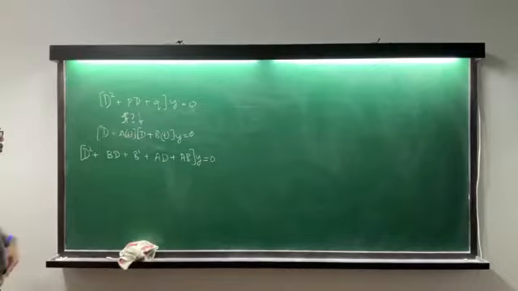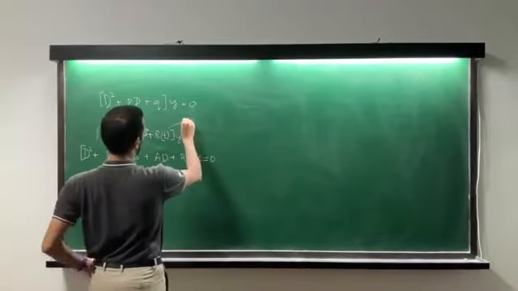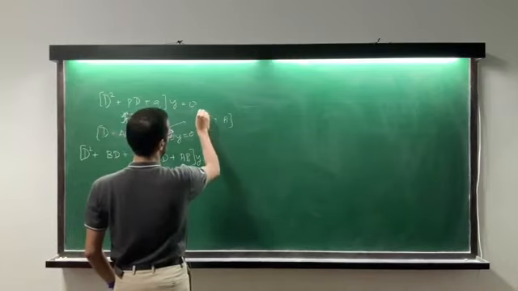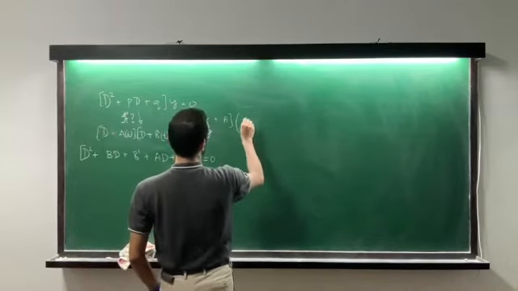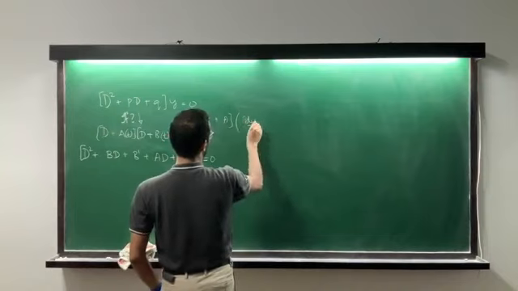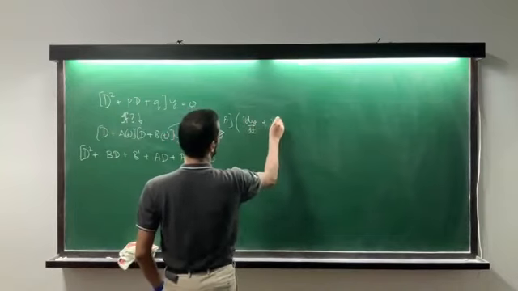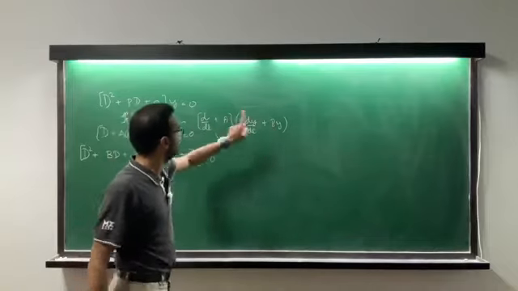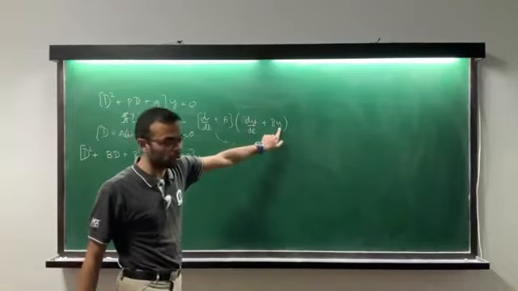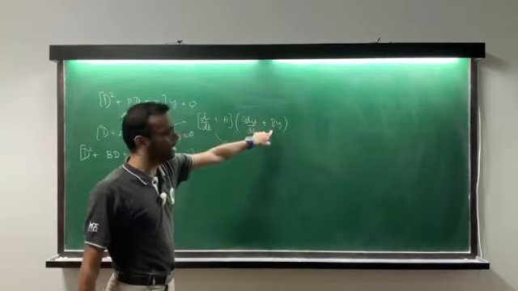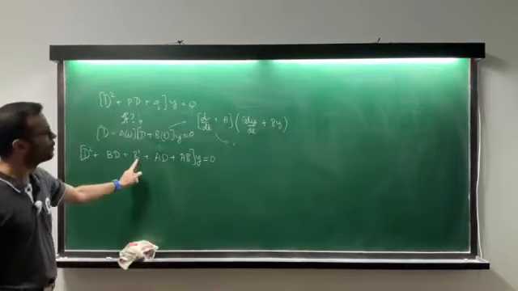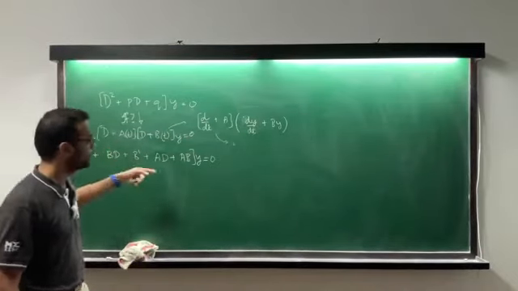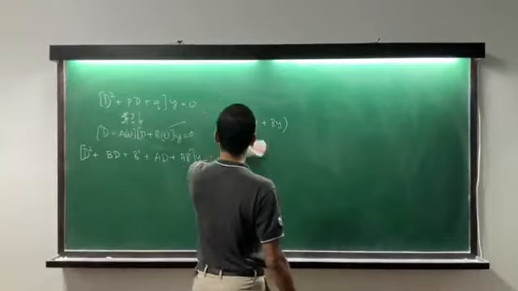Please make sure you understand why this happens. If I explicitly write it out, this will be d by dt plus a, this entire thing acting on dy by dt plus b times y, and then you open this up. You will get d squared y by dt squared, and then when you do this term, by the product rule, not chain rule, you will get d by dt of b times y, and then one will have a b prime times y, the second one will have a b times dy by dt. That's what this is. So please make sure this algebra is okay.